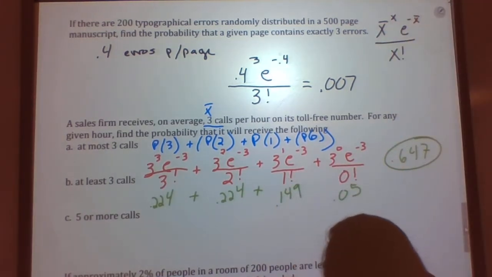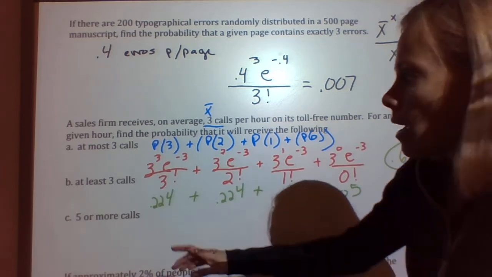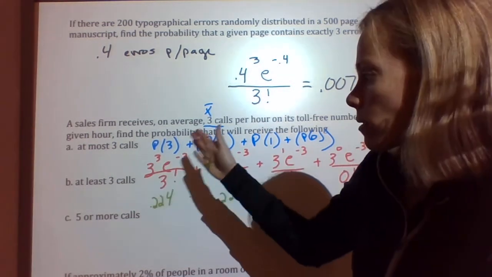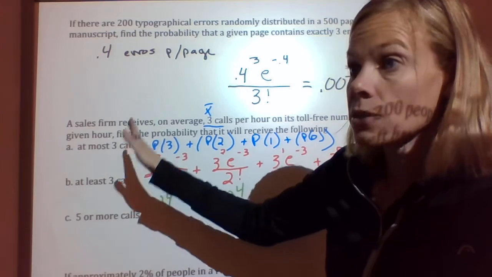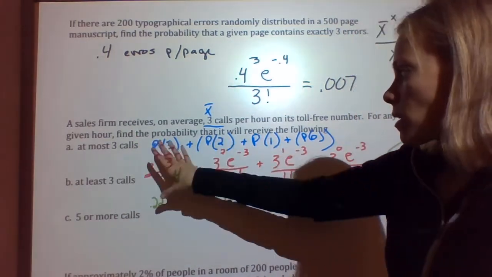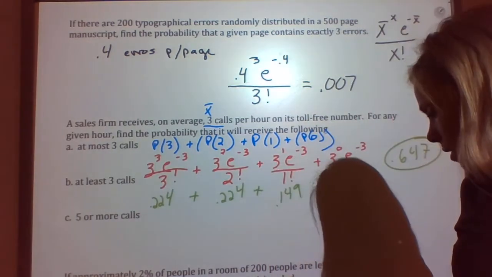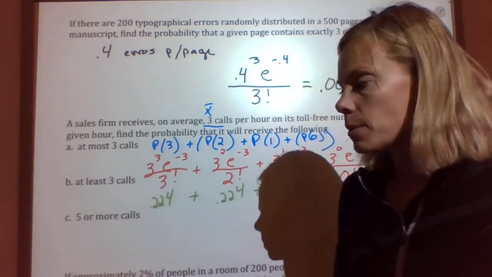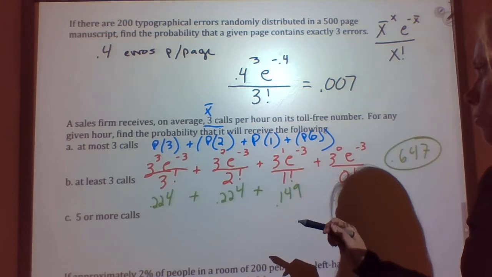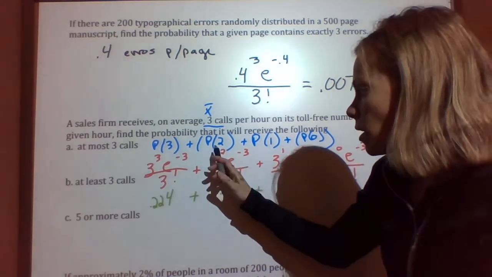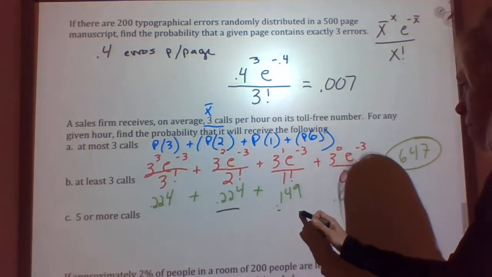Okay, so at least 3 calls. At most 3 means 3 or less. At least 3 means 3 or more. Since I already have all this work, I'm going to do it by the complement. At least 3 means 3 or more, so I want less than 3.